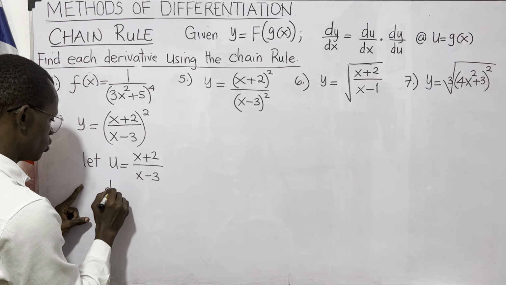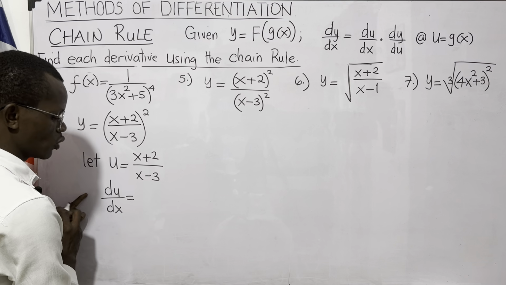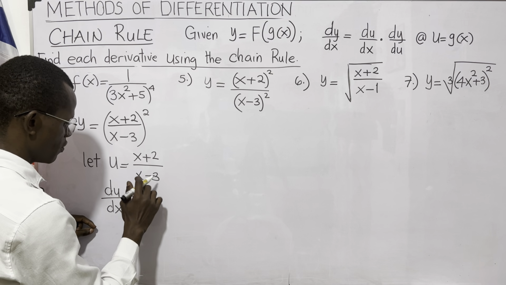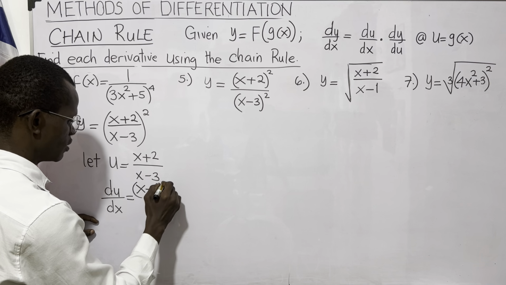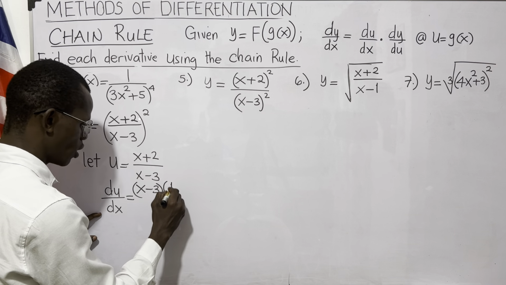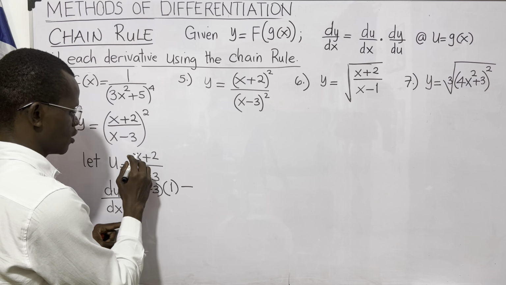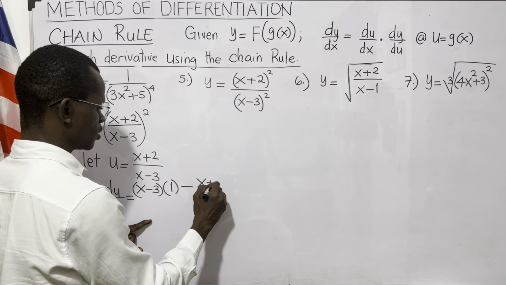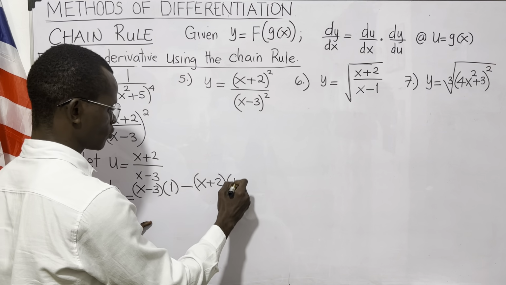So we find du by dx using the quotient rule. We hold the denominator, x minus 3, and we differentiate the numerator, x plus 2. The derivative of x is just 1, derivative of 2 is 0. Minus, we hold the numerator now, x plus 2, and differentiate the denominator, we have 1.